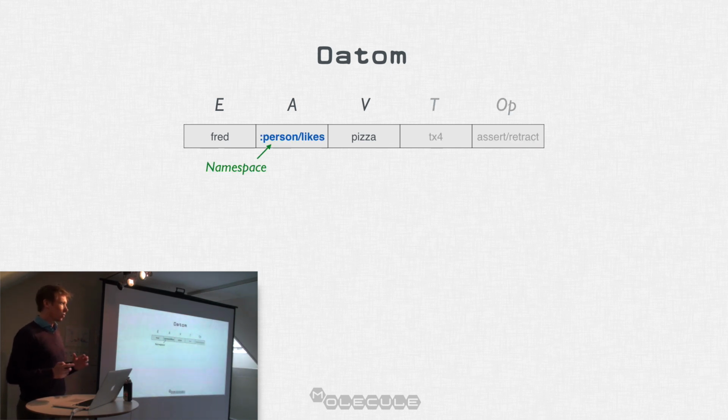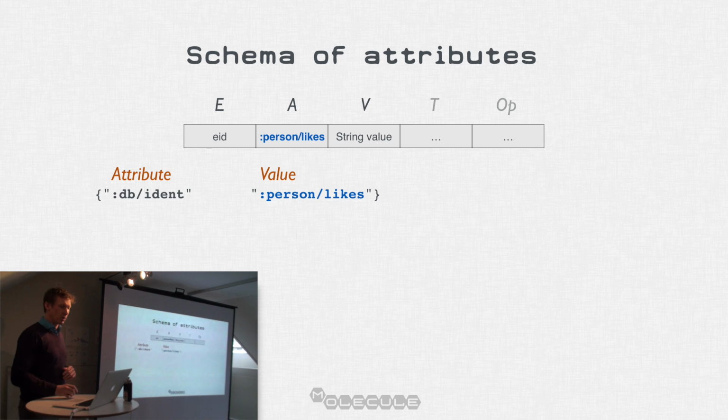So in order to distinguish the different attributes, Datomic uses what they call namespaces, which is just a little prefix to the likes. So you have what it is that likes, when it's a person that likes something. You could also have other things that like things. So it's just a convenient way of identifying what it is that likes.